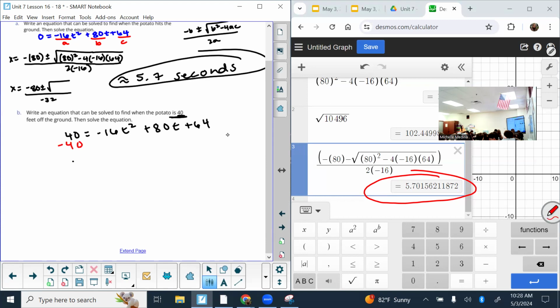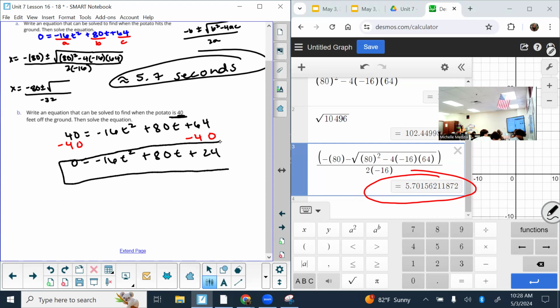There we go, subtract it from one side. Then you get something that looks like this. And then you solve with the quadratic formula once you simplify after subtracting 40, and then plug it in. Any questions?